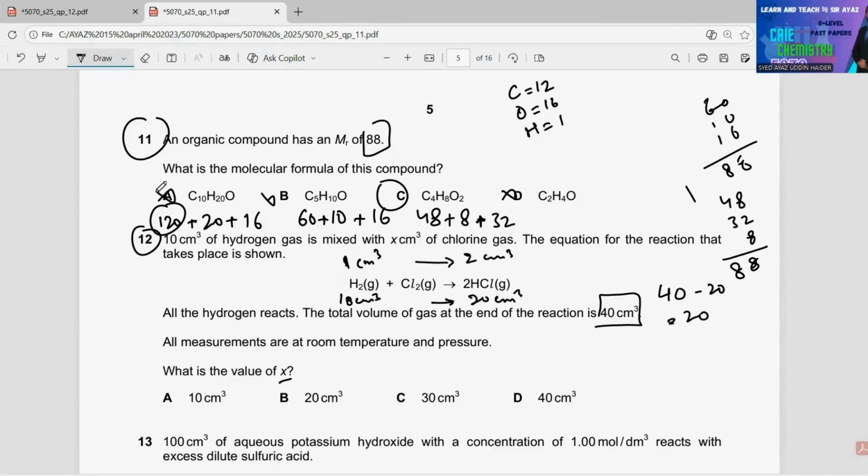So 20 centimeter cube must be chlorine that will be left at the end of the reaction. And we know the combining ratio for hydrogen and chlorine is 1:1. So 10 centimeter cube of hydrogen must react with 10 centimeter cube of chlorine. So you add 10 to 20, and we get 30 centimeter cube. So 30 centimeter cube must be the right answer.